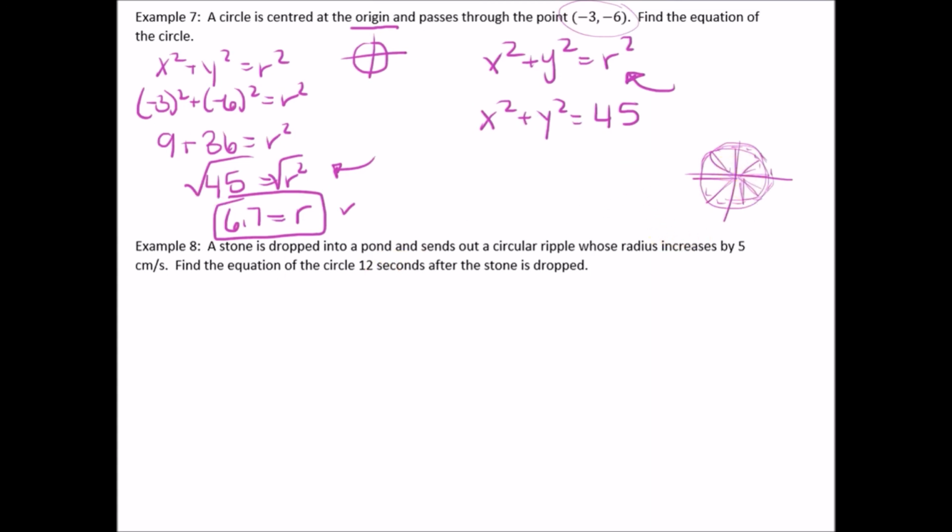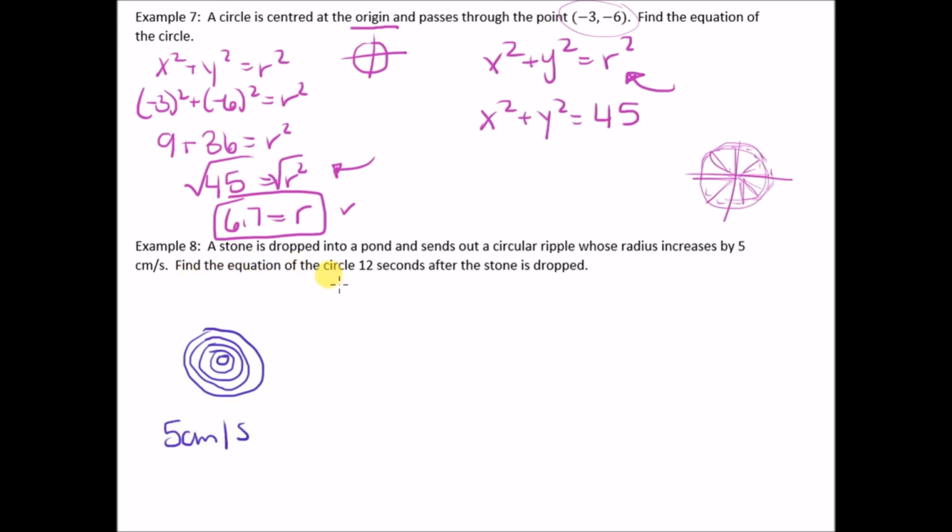Okay, last question. Stone is dropped into a pond, so right here, sends out a circular ripple. So we know ripples go out and out and out, and they bounce up and down as they go out, right? So this circular ripple increases by 5 centimeters per second, okay? It's 5 centimeters per second.